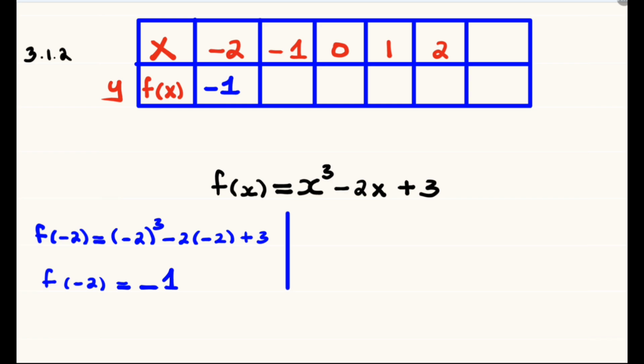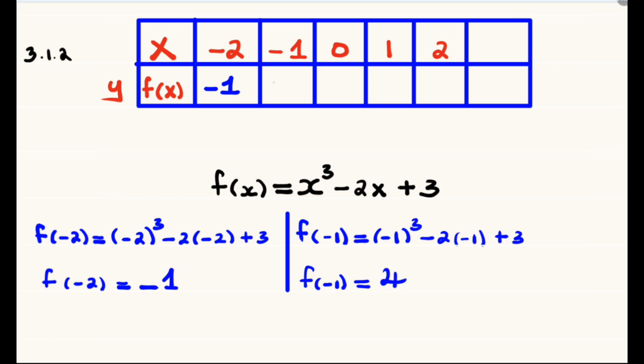How about when x is equal to -1? In the place of the x, we substitute -1, and f of -1 will be equal to -1 raised to the power 3 minus 2 multiplied by -1 plus 3, and f of -1 will be equal to -1 plus 2 plus 3, which is equal to +4.